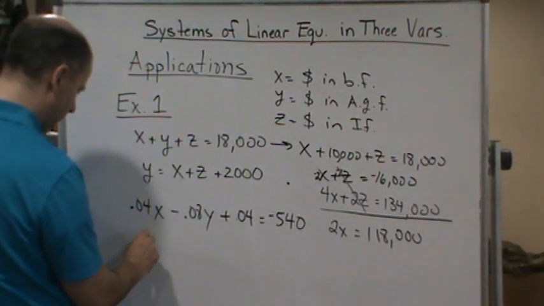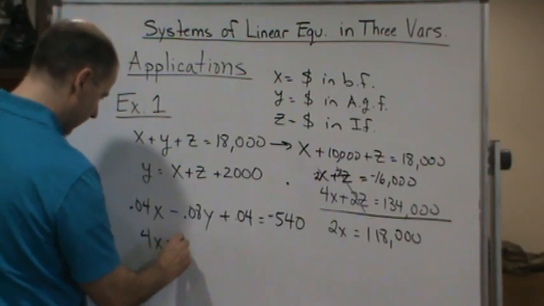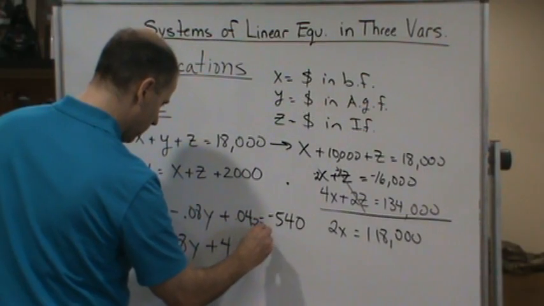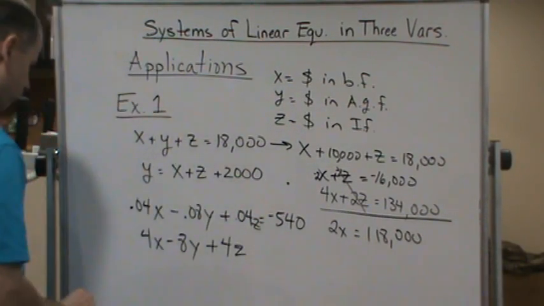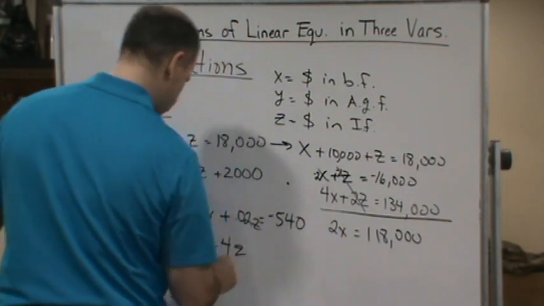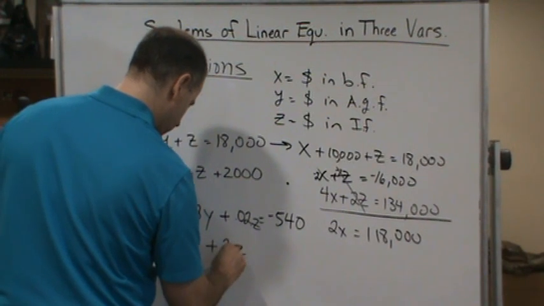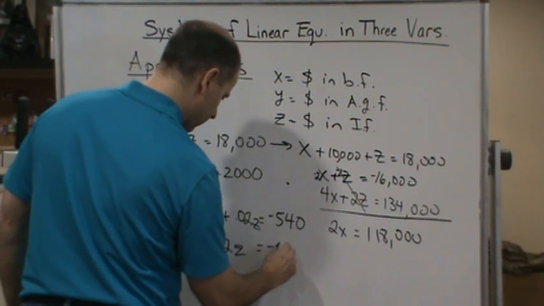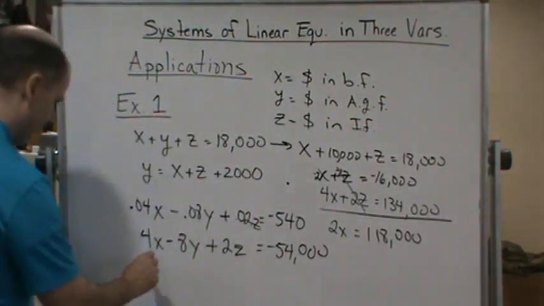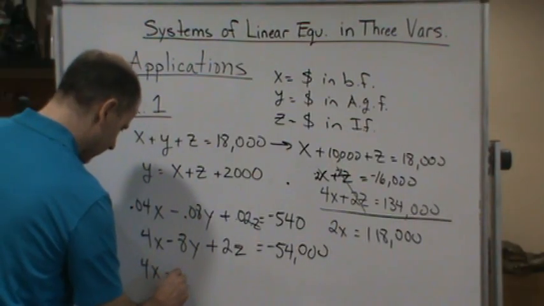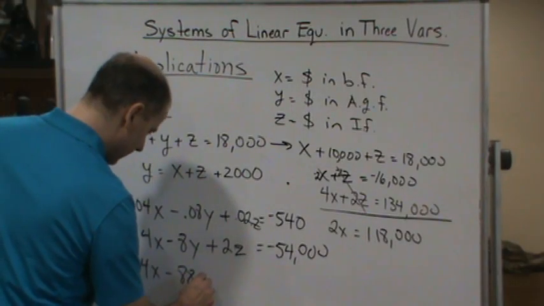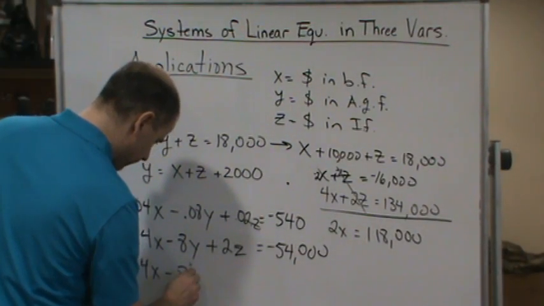So if I multiply by 100, that's going to give me 4x minus 8y plus, no, 2z. This is 0.02. So this is going to give me 2z is equal to negative 54,000, and so this would have been 4x minus 80, because if I plug in 10,000 for y, that'd be minus 80,000.